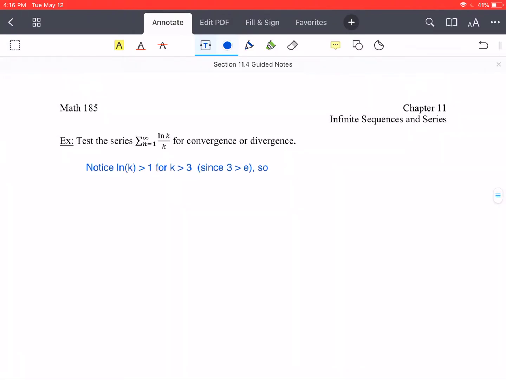Okay. So since ln of k is greater than 1 for k being greater than 3, we can say that ln of k over k must be greater than 1 over k for k being greater than or equal to 3.